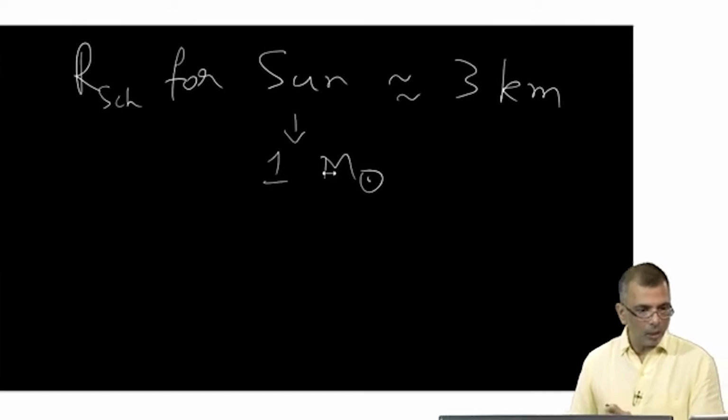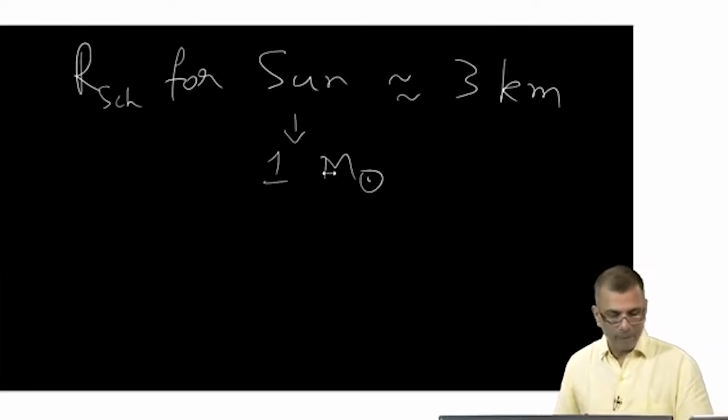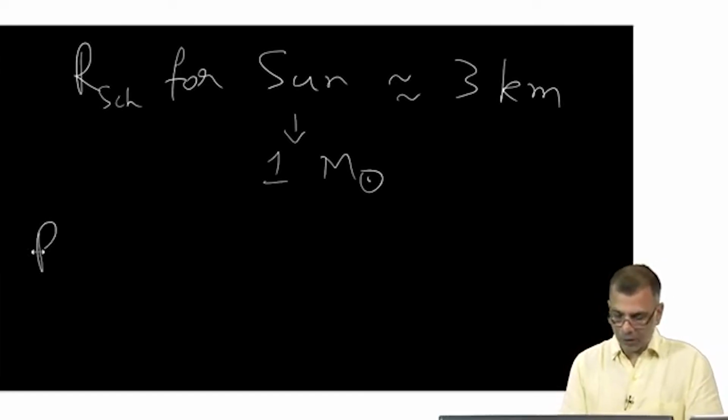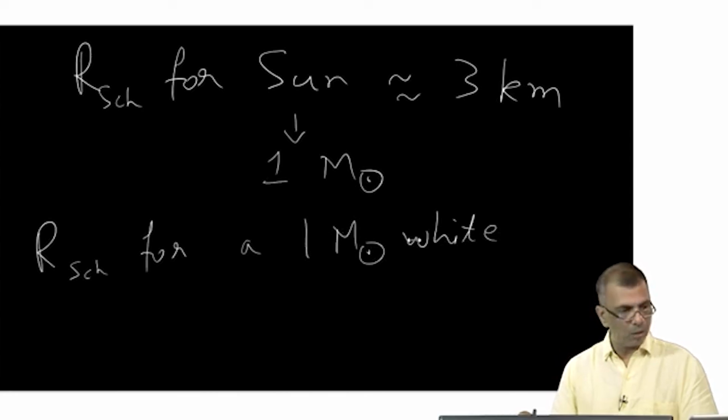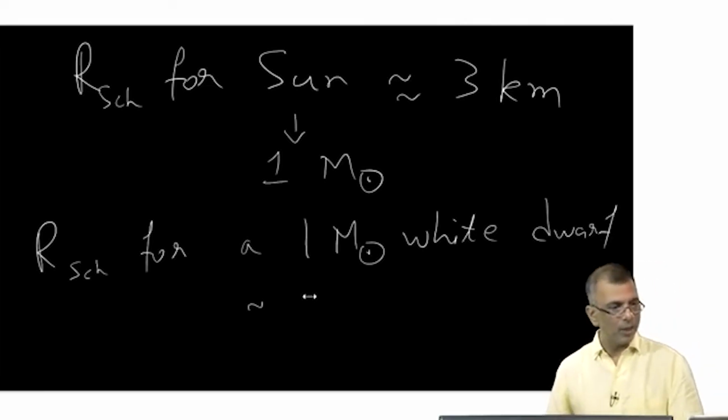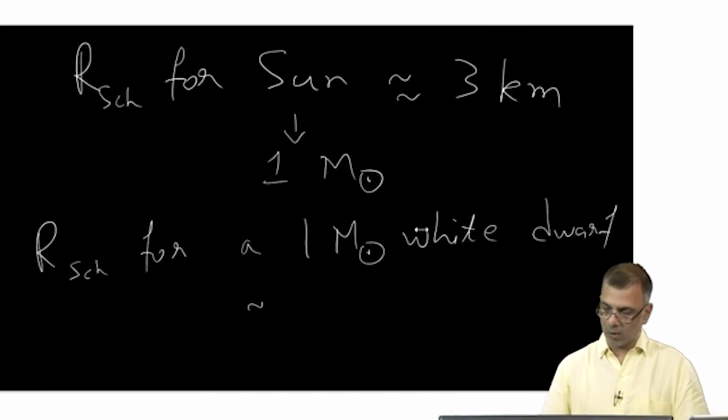However, the R Schwarzschild for a white dwarf is something like, so this is something like 3 kilometers, and or a neutron star, say one.